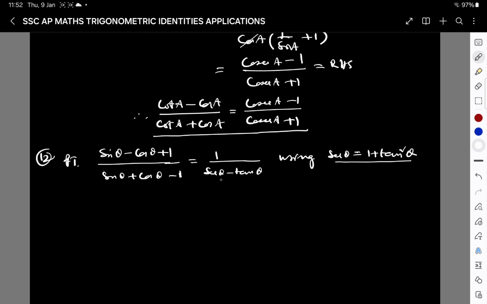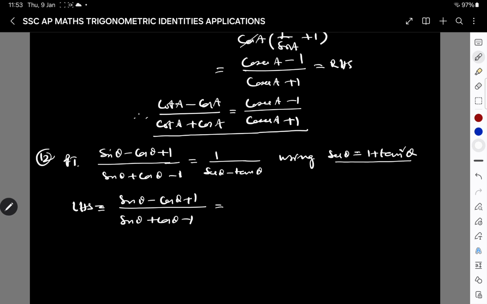Since you want to get the answer in terms of secant and tan, and you must use the identity of secant and tan, I must get this into secant and tan first. So take LHS first. LHS is sin theta minus cos theta plus 1 by sin theta plus cos theta minus 1.